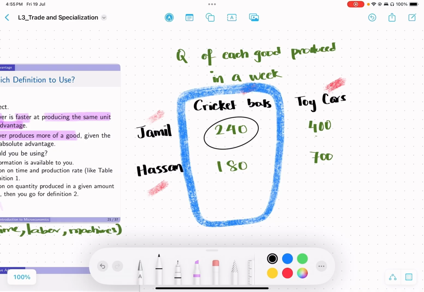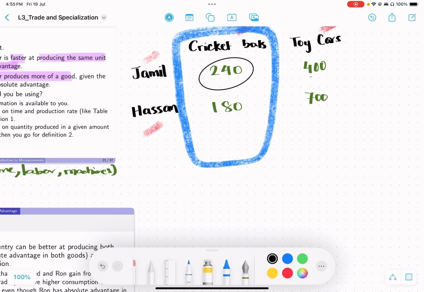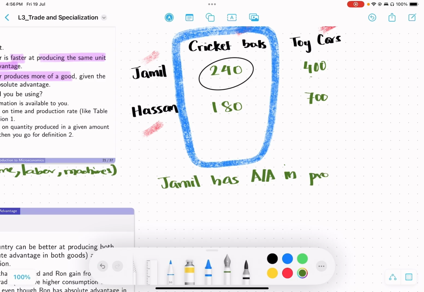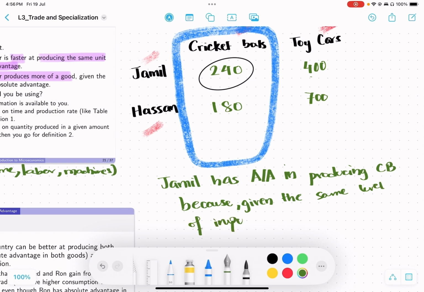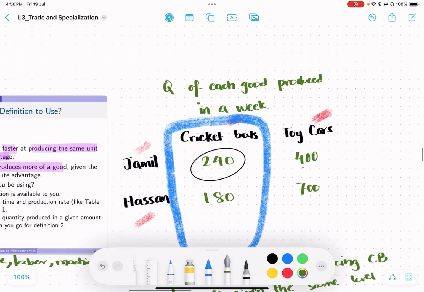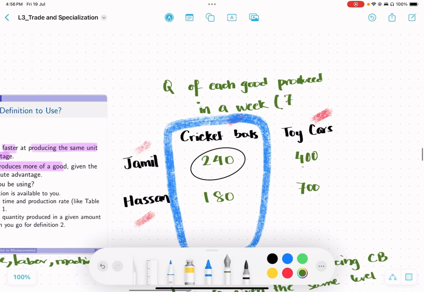Now, I can say that Jamil has absolute advantage in producing cricket bats because given the same level of input, and in this case, input is basically both of them have a week, that is 7 days time.